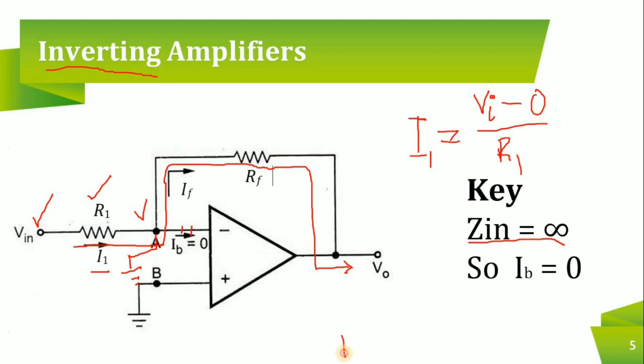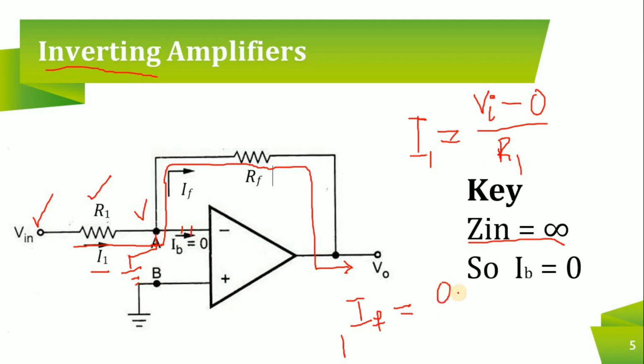Now, in the same way, I have to write the value of IF. From where to where is the current flowing? It is flowing from node A to the output node. What is the voltage at node A? It is 0.